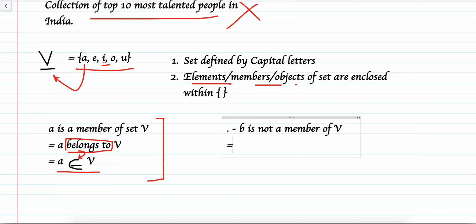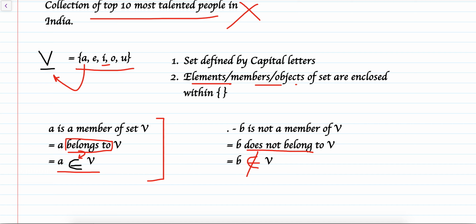So in other words, we will write it as B does not belong to V, and we will write B not belonging to V, and we have a different symbol here. It's the same as earlier, but this time we put a cross mark. So this means belongs to, and this symbol means does not belong to.